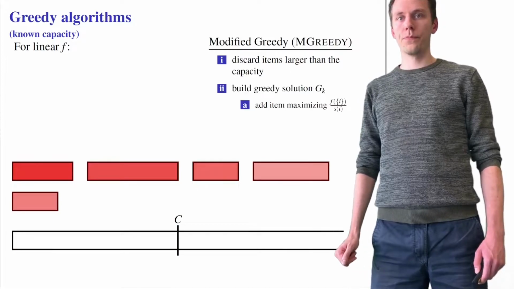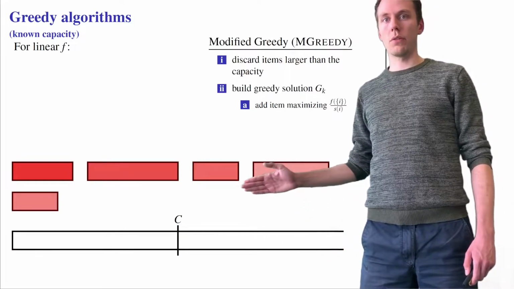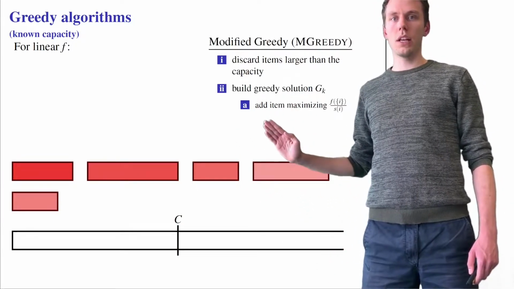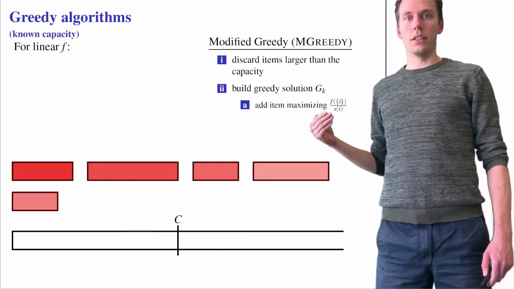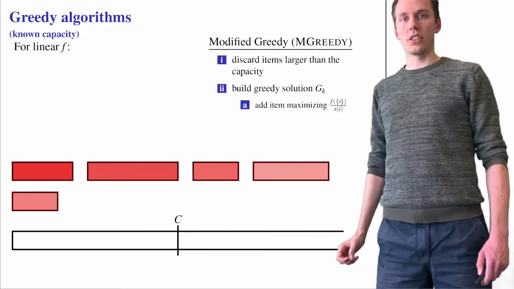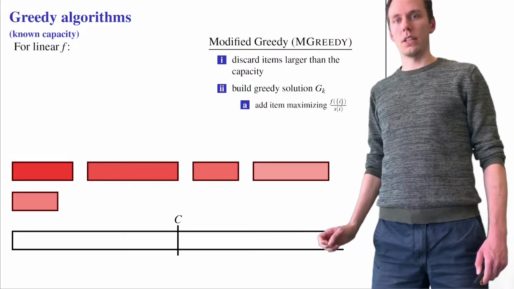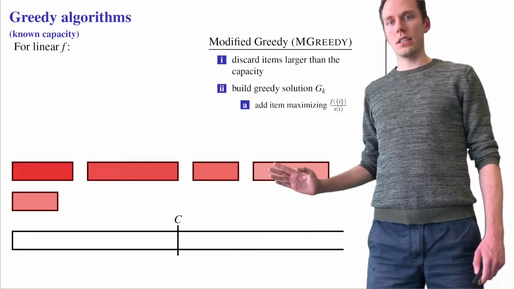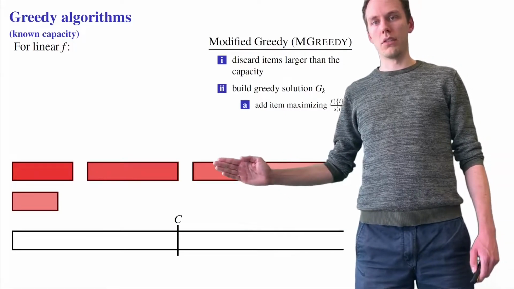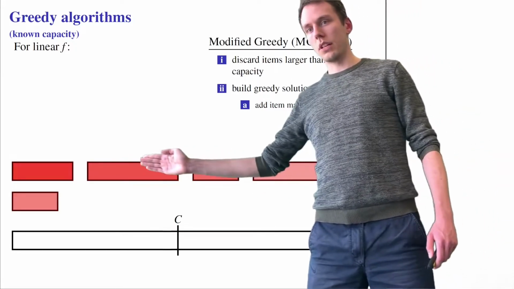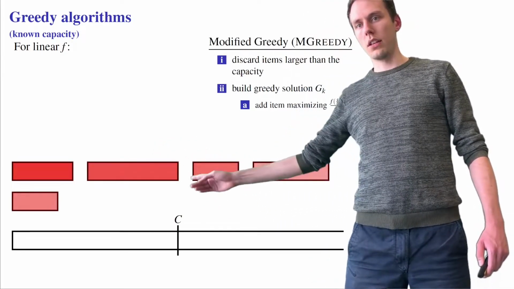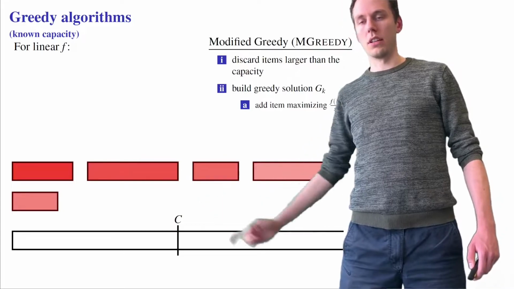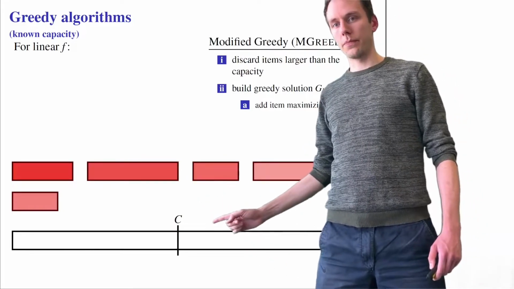this is discarded. Then the algorithm continues to build a greedy solution, and therefore it adds items that maximize the density, which is given by the value of the item divided by the size of the item. The density is shown at the items by their opacity. The item on the left side is the most dense, and then they reduce to the right side, and the item down here is the least dense item.